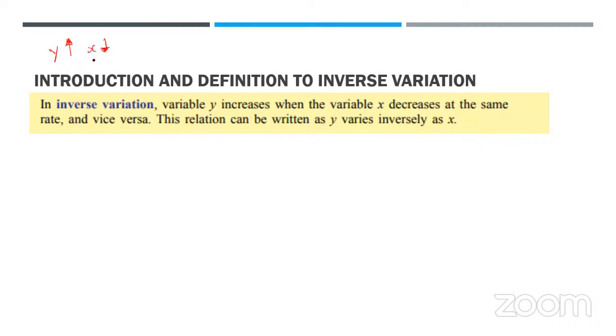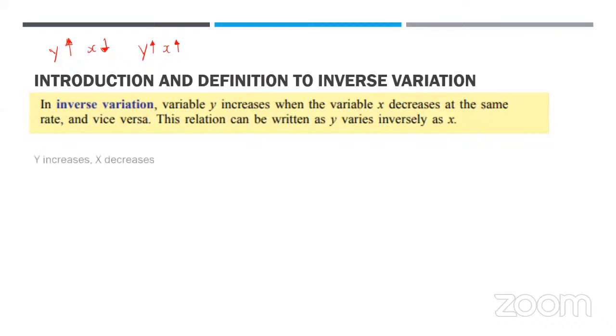Almost the same as how Yongji explained direct variation, but the difference is that in direct variation, when y increases, x increases. Inverse variation just basically means that when one value goes up, another value goes down, compared to direct variation, which means that when something goes up, the other thing also goes up.